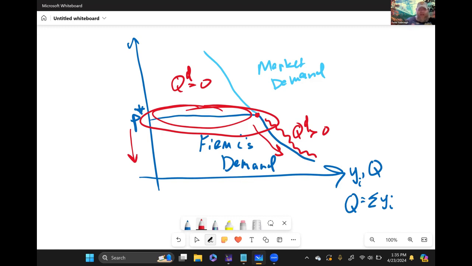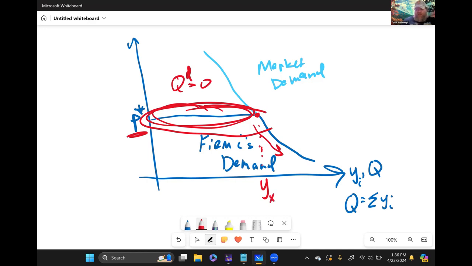So that's why we say in competitive markets, firms are price takers, because essentially the part of the demand curve that they see, that they experience, is again this sort of horizontal demand curve. Now, why that matters is because by facing the horizontal demand curve, it locks price in at P star. The firm is going to charge P star from a rational perspective. In other words, unless the firm is able to produce beyond, let's just say, Y, and I'm going to put X here, X for like extreme.